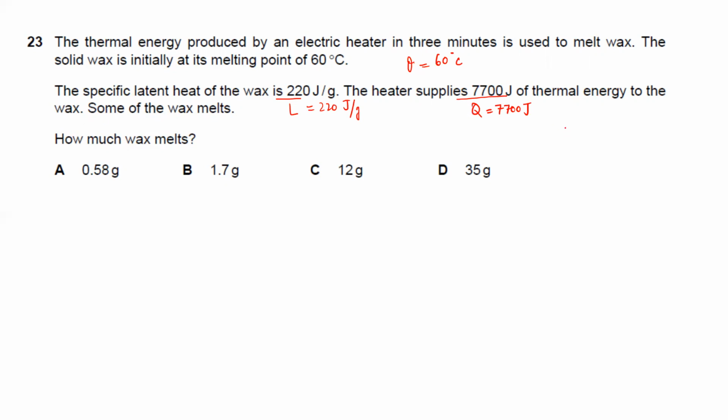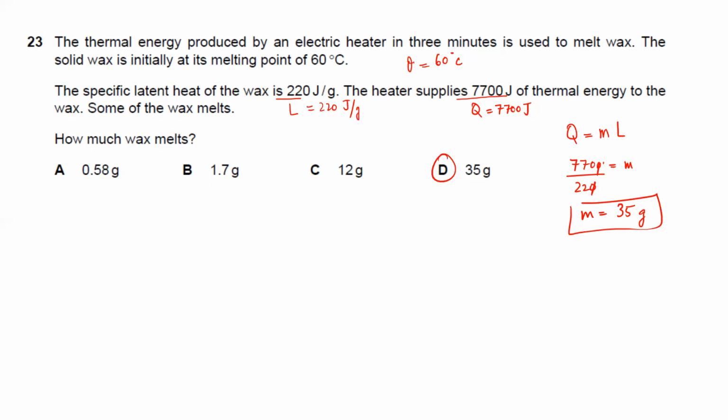So remember, when wax is melting, it is the change in state of the material. So that is where the specific latent heat comes in. So Q equals ml is the formula. Q is 7700, mass we have to find, and you have to divide it by 220. So this is joules, and this mass will be in grams. So mass in grams will be 35 grams approximately. So answer D is the right answer we have.